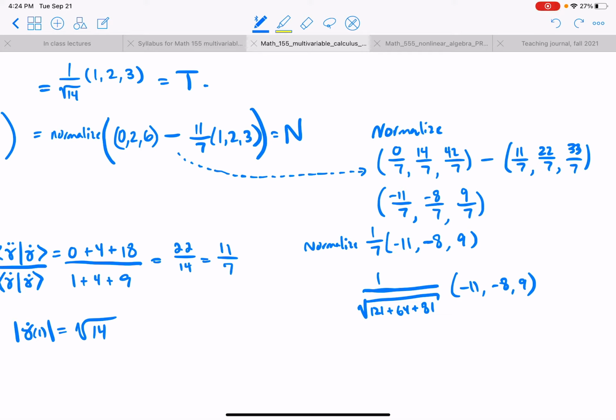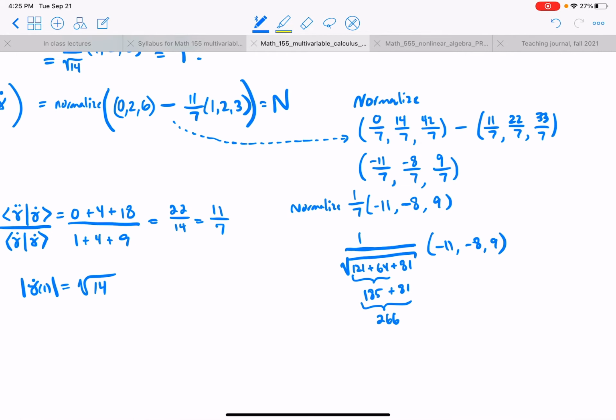And so I can do this, so 121 plus 64 is what? 185 plus 81, 266. Is that okay? Okay.